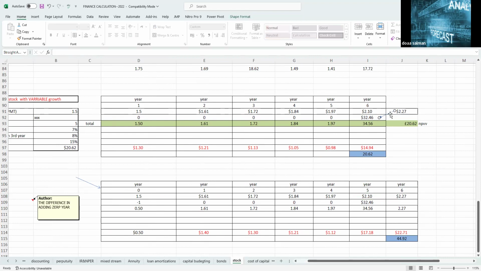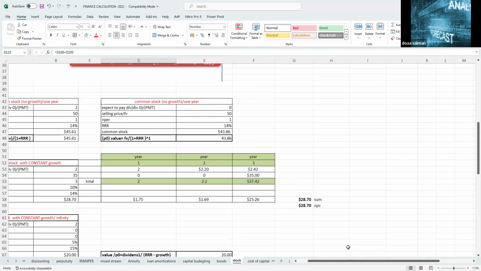So this is 7, this is 8%, it increases, and here I'm using a discount rate. So here it is 32, and here, let's say, for example, it is 1.5. The difference here is adding year 0. If I say, for example, the coming year, it will grow, and then you calculate from the coming year or this year. So the only trick is in the 1.5, and that's all.